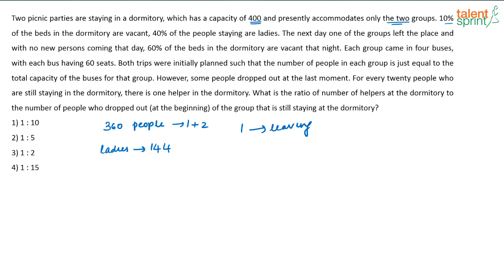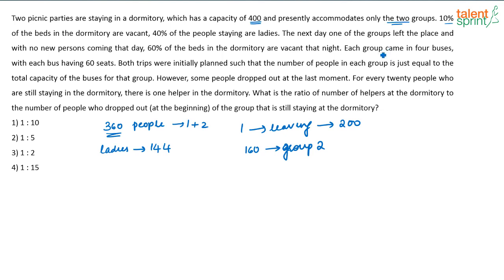Only 40% of the capacity of the dormitory is filled, or 40% of 400, right? What is 40% of 400? 160. So in group 2 there are 160 people. Group 1 has left. So how many people were there in group 1? 200 people should be there in group 1, because totally there were 360 people, out of which group 1 people have gone. So remaining only 160 people are there who belong to group 2.